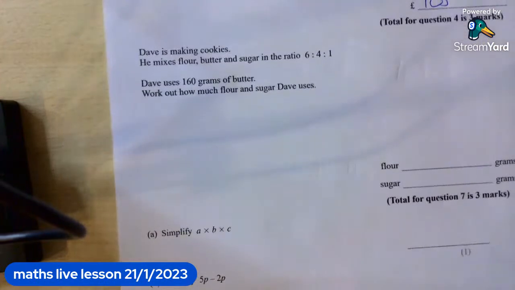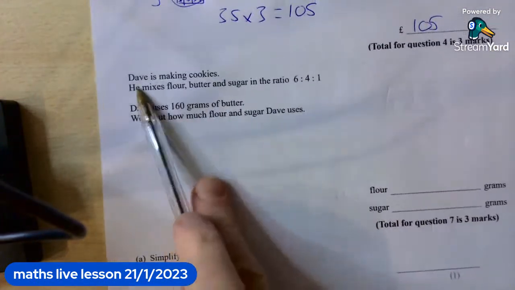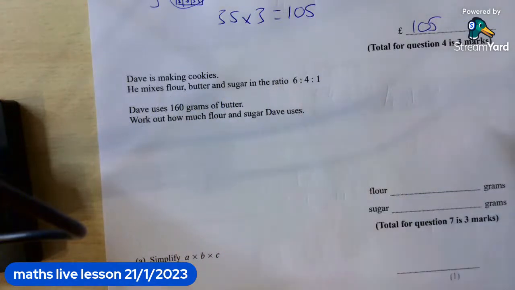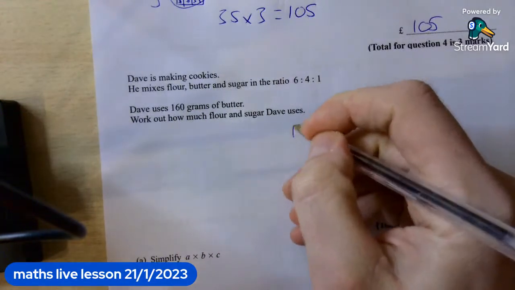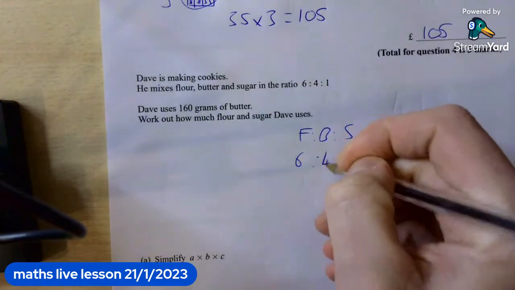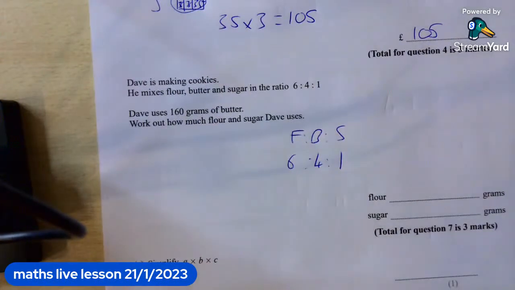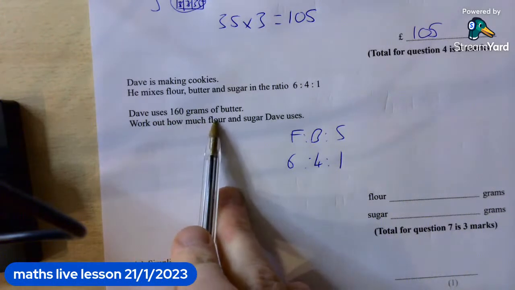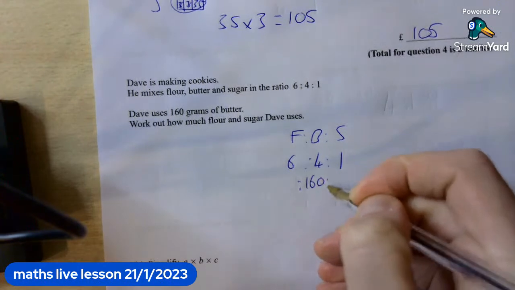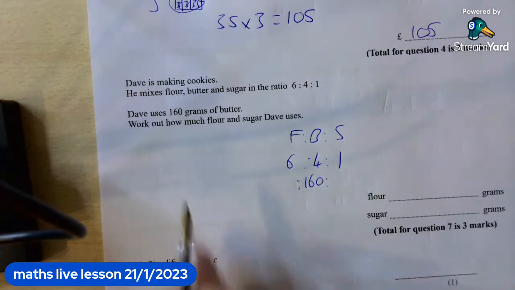Right, next one. So we've got Dave is making cookies. He mixes flour, butter, and sugar in the ratio 6:4:1. So I'll be there writing that ratio out. Flour, butter, sugar, 6:4:1. Right. Dave uses 160 grams of butter. So I'll be putting that 160 right there. Work out how much flour and sugar Dave uses.